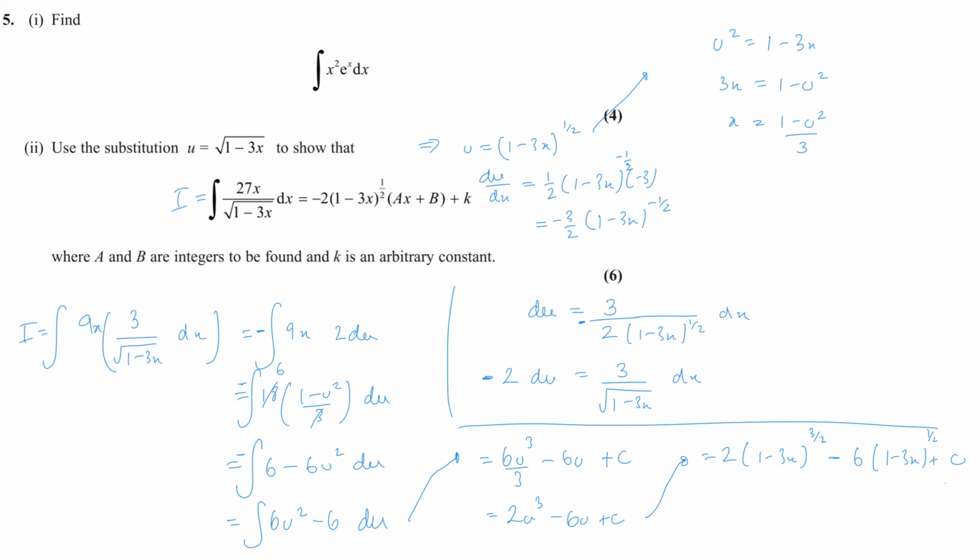And now looking at this, this is being factorized out, so we've got to factorize this. So I can take 1 minus 3x to the power of half out of both of these. And I can also take 2 out, but since we've got a minus 2 outside here, I'll take a minus 2 out. So minus 2, 1 minus 3x to the power of half. Now if I've taken minus 2 out of this, there's going to be a minus 1.